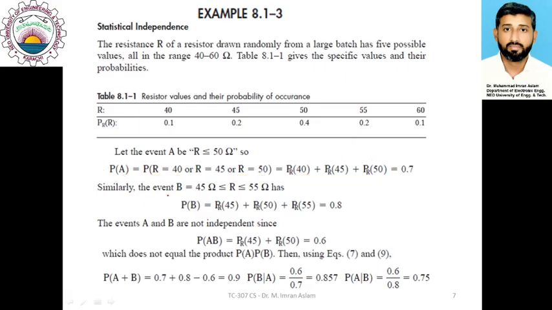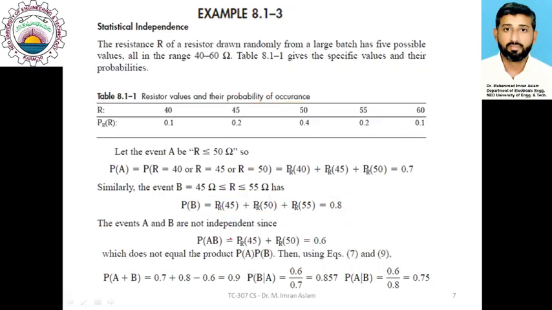Similarly, we have defined another event B, that the chosen resistance is between 45 and 55 ohms, and of course it contains 3 possible values, 45, 50 and 55. So its total probability comes out to be the addition of their individual probabilities, which is actually 0.8.